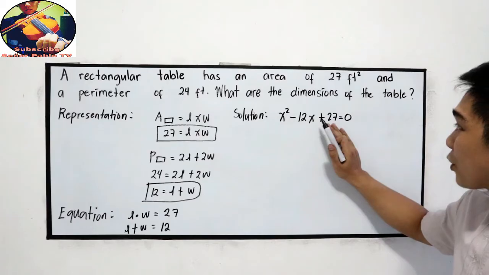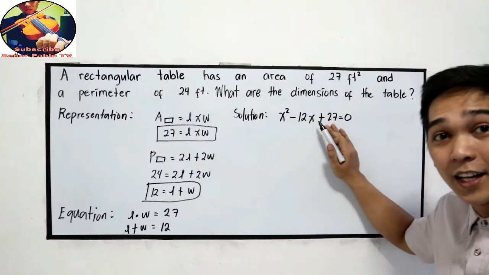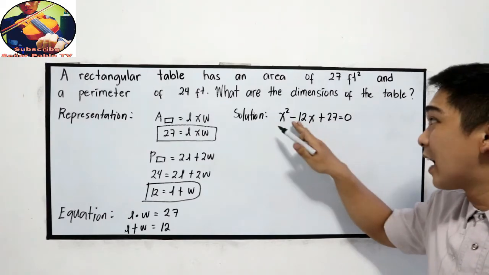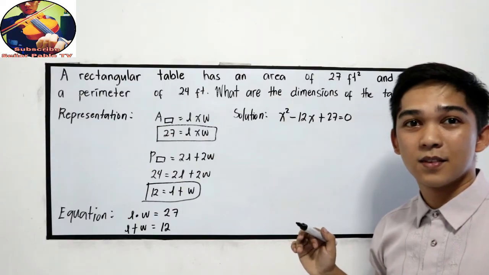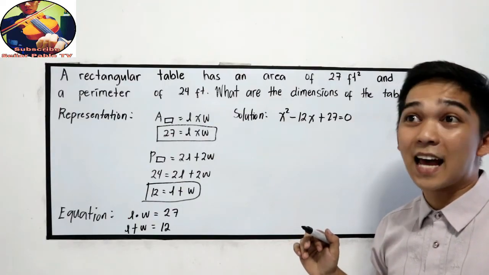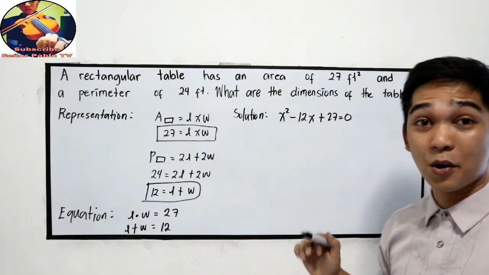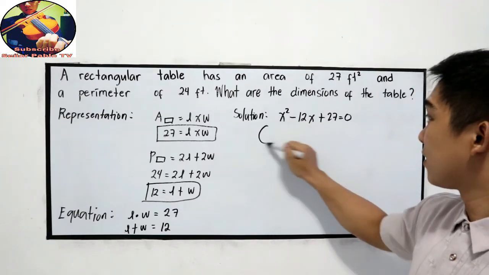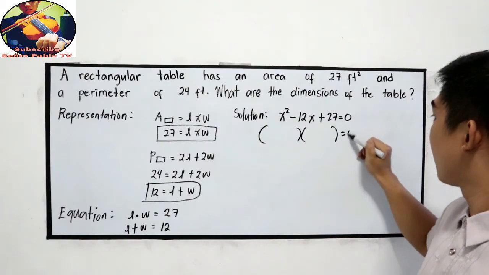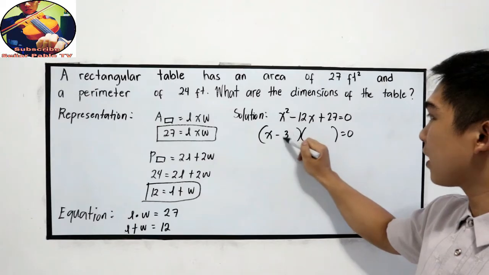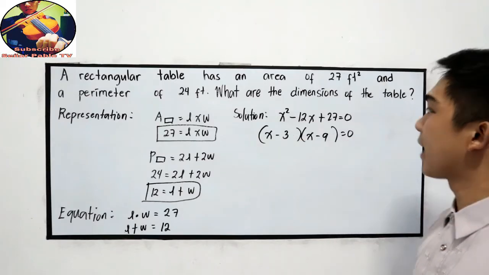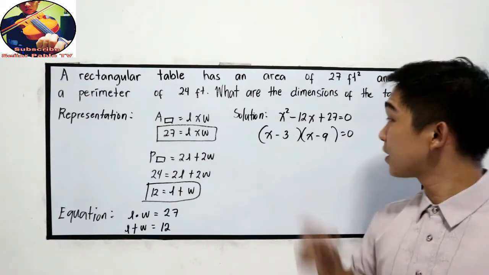Kunin natin ngayon factors ni 27 na pag pinag-add natin ay negative 12. That is 9 times 3, obviously. Pero parehas negative. So, x minus 3 tsaka x minus 9. 9 times 3, 27.